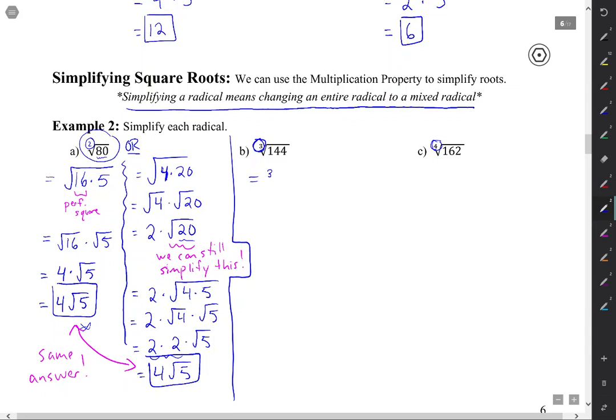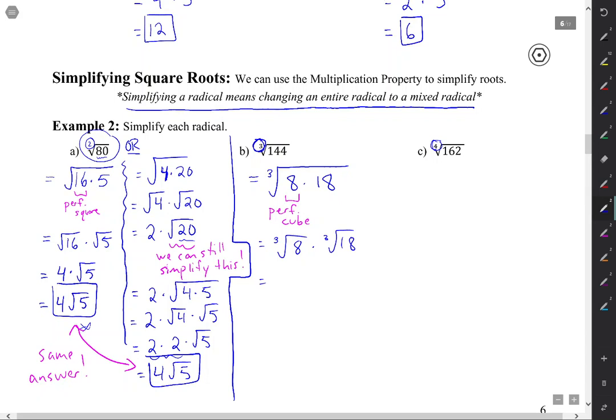So what I'm going to do here is rewrite our radical sign, and I need to think of a perfect cube that divides into 144. A perfect cube that I can think of is 8, because 8 times 18 is equal to 144. And I'm just going to put here that this is a perfect cube. So now we can use that multiplication property. We have the third root of 8 times the third root of 18.